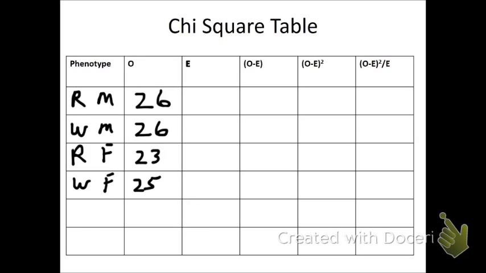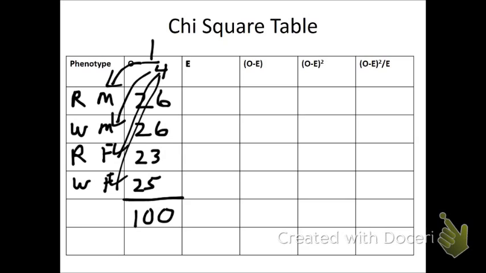So now you may be wondering, how do we get the expected values? Anytime you want to get the expected values, the first thing that you want to do is add up the total number of data, the total of your data set. In this case, the total number of flies that we observed. So if we add up 26, 26, 23, and 25, those add up to be 100. Now to get the expected numbers, remember that our F2 Punnett square a minute ago told us that we should get 1/4 this, 1/4 this, 1/4 this, and 1/4 this.